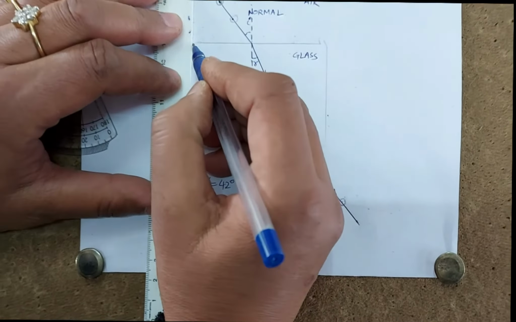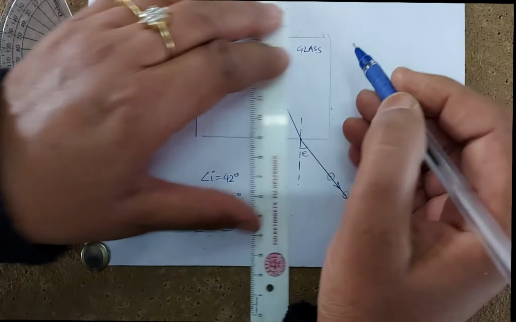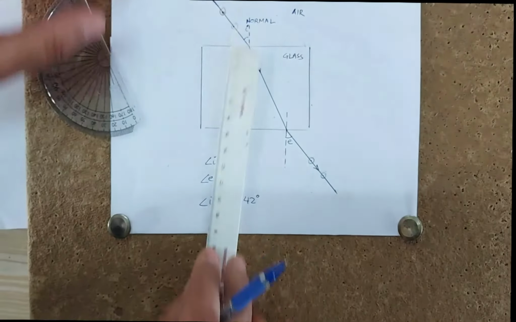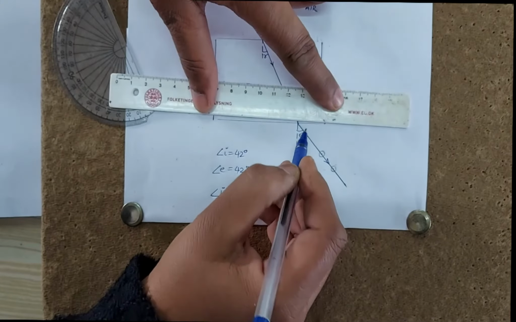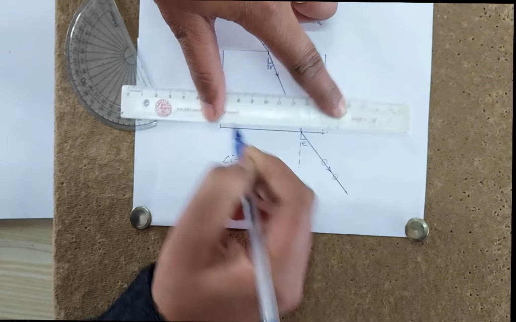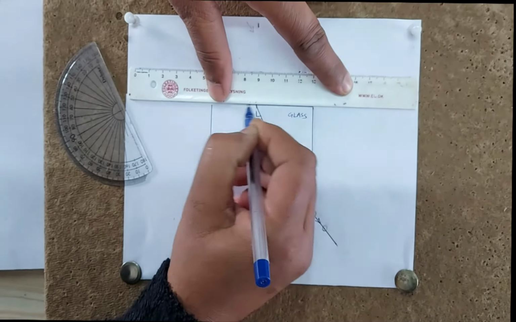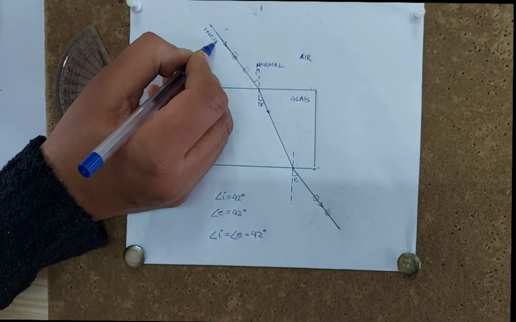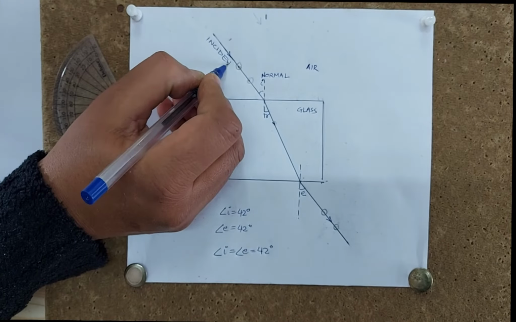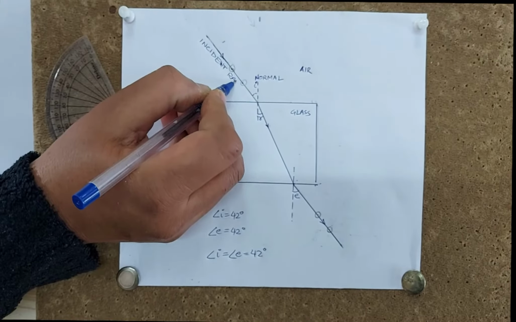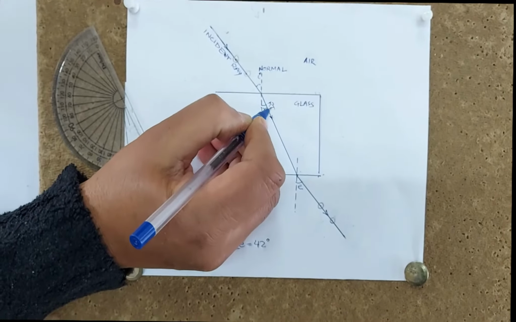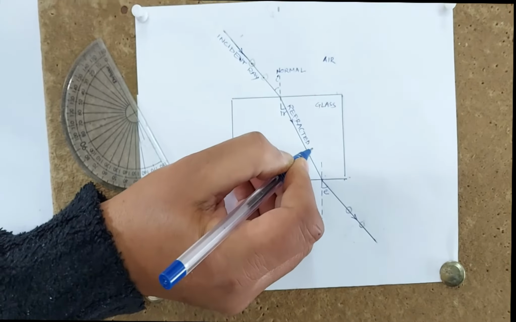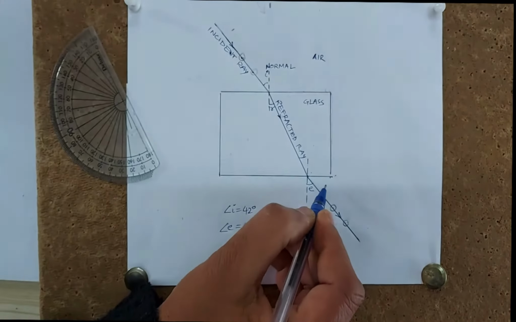Now you can make the sides of the glass slab dark. And in this way you can complete your experiment. And we also label the rays as incident ray, refracted ray, and the emergent ray.